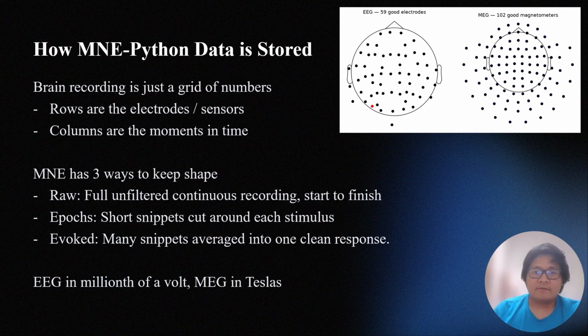And just for the audience to know, we will just be looking at EEG and MEG, as MNE-Python has a lot of other methods of looking at brain recordings. EEG is recorded in voltage, and MEG is recorded in Teslas.